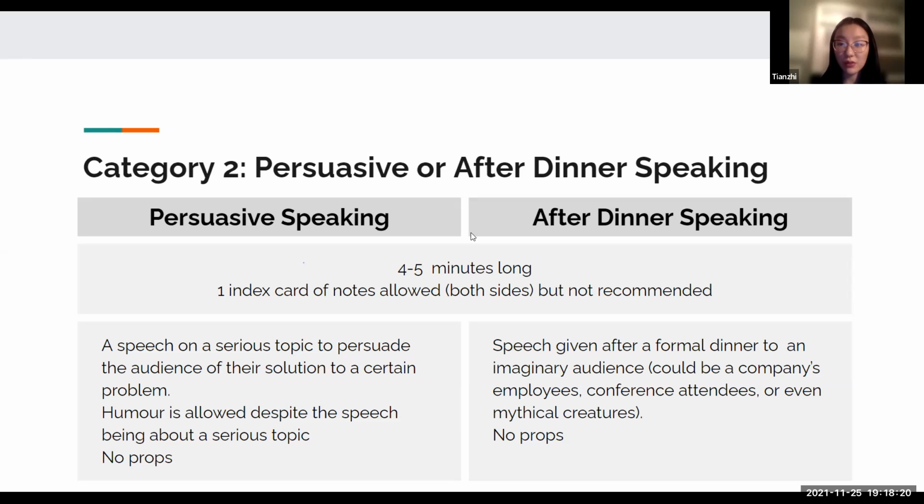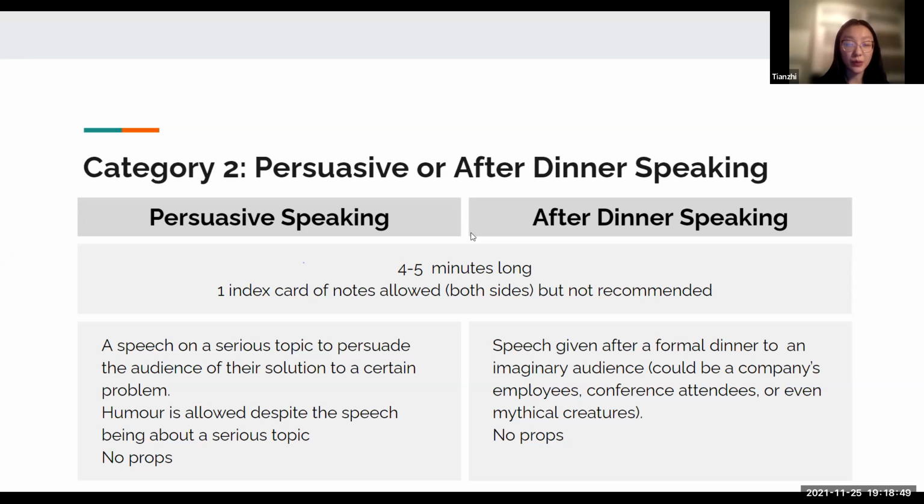So choose whatever you think resonates more with you, that you think you will do a better job for. For both of these speeches, it is going to be 4 to 5 minutes long. Again, I encourage you to time yourself during practice and make sure you are within that time frame, because any time below or over the time frame, you will be deducted marks depending on how far off you are.